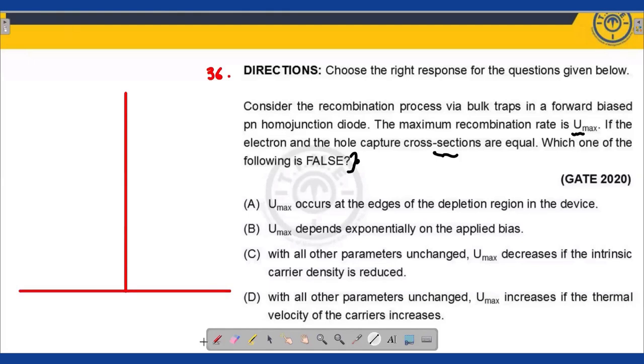See here, this is the curve already explained in your theory class.